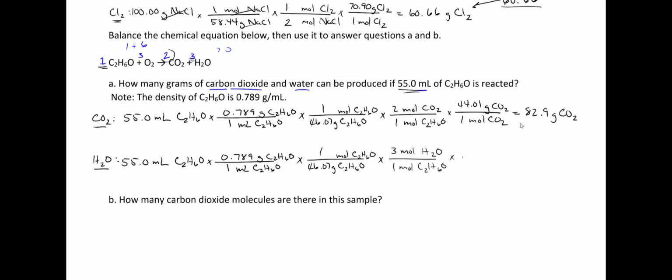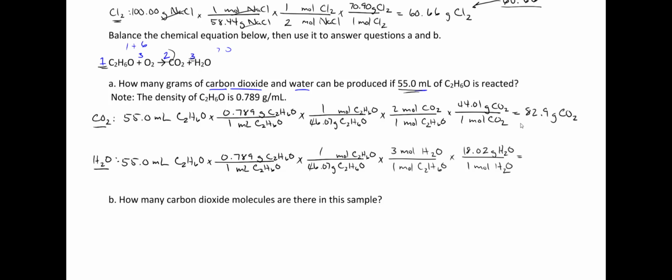And we want to convert that to grams. So 1 mole of water has a mass of 18.02 grams. I don't recall if we calculated that before. I think we might have. If not, it would not hurt to calculate that again.